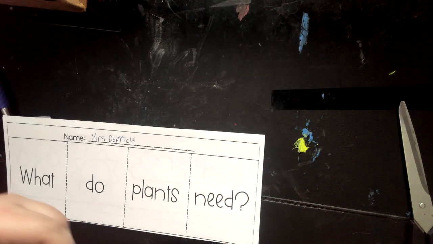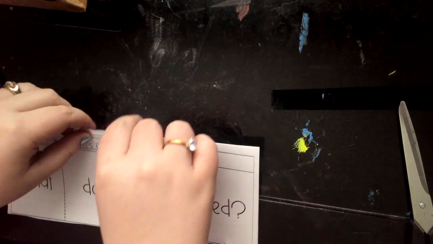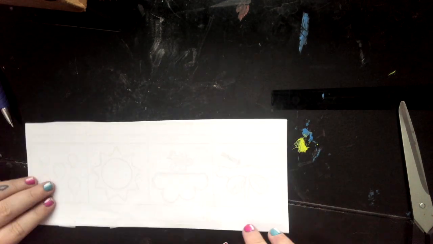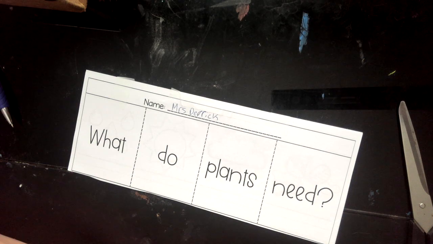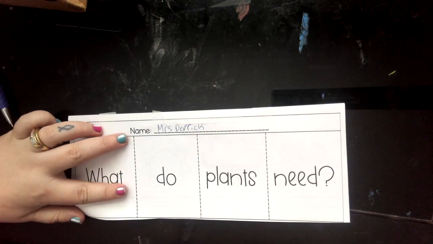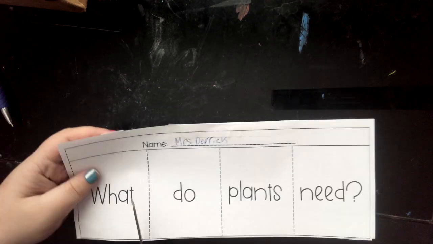Alright. Now I need to cut along my dotted lines here.